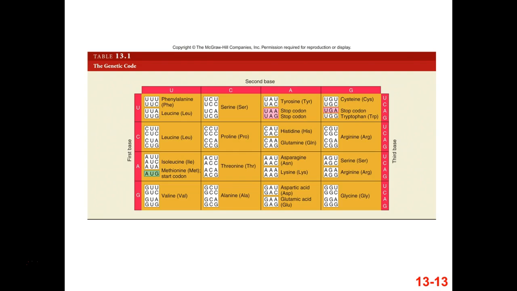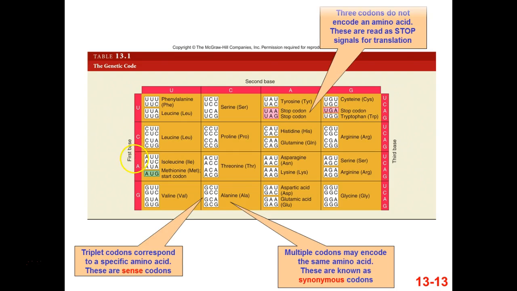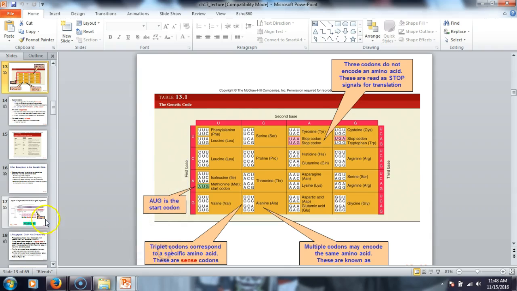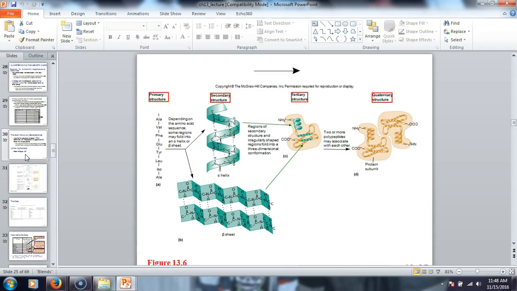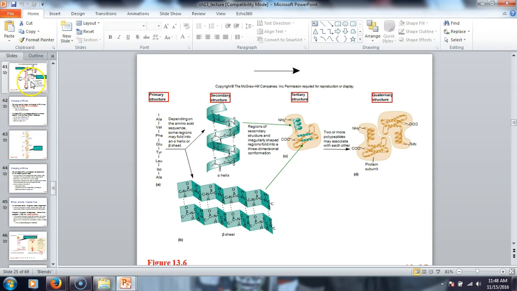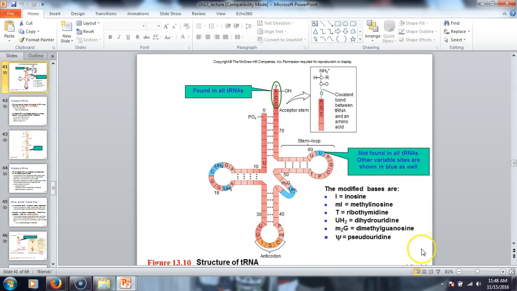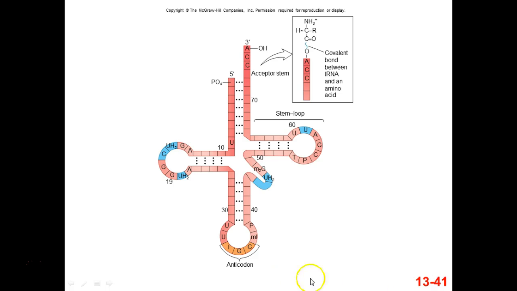At the end of that transfer RNA molecule would be the amino acid. I probably should pull up a picture for us, huh? Pictures are better. All right, so there's a transfer RNA.